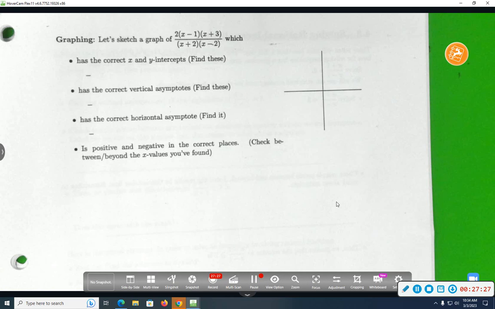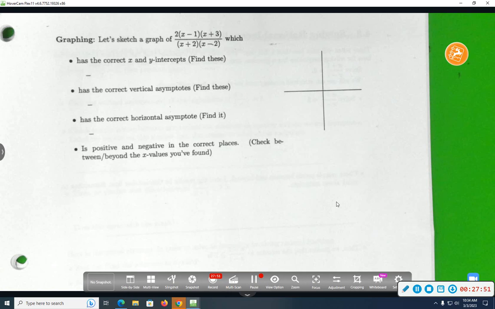So, let's come together. Let's spend some time on this, and then we'll talk about inequalities. Let's answer some questions about this. Where are the x-intercepts of this graph? Cool.